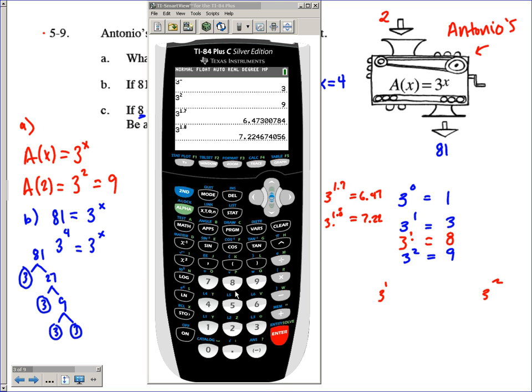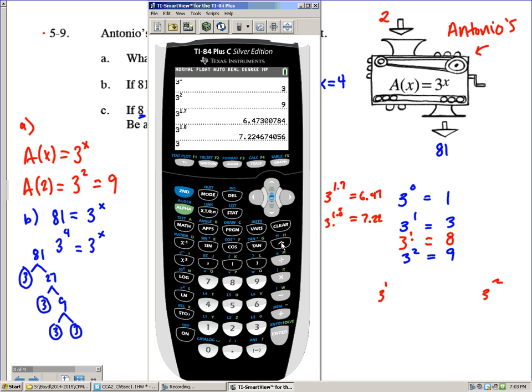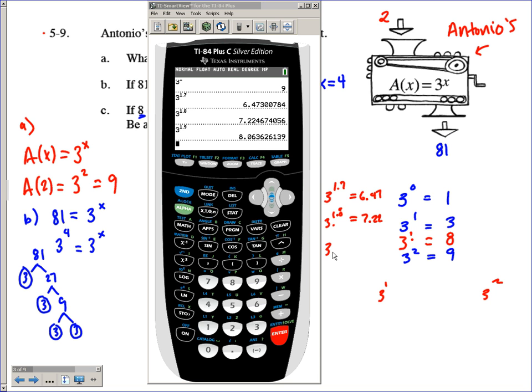As we're getting closer, let's do 3 to the power of 1.9. There we get 8.06. So 3 to the power of 1.90 is going to equal 8.06. That's pretty close.